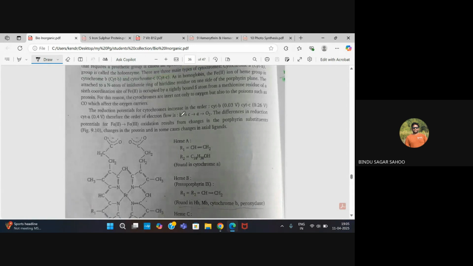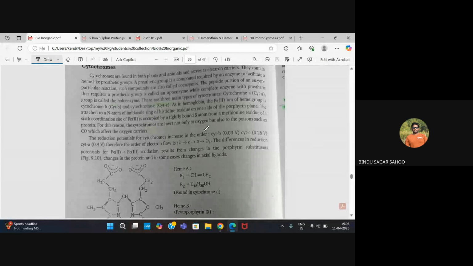The electron will flow from cytochrome B to cytochrome C and cytochrome A. Then this electron will be trapped or abstracted by the neutral oxygen molecule, and it gets converted to O2 2 minus. The electron flow step will be like that. For cytochrome B, you can check here the redox potential value is very low. From B to C it has the value 0.26, and then A has the value 0.4, the highest compared to all the cytochromes. The electron cyclic flow will naturally be like that.